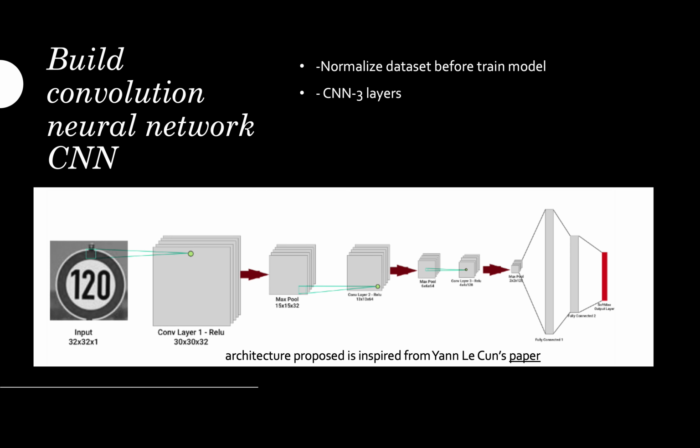After that, here is my convolutional neural network. This is a three-layer neural network where we have the input, and then we put it into the first convolutional layer.